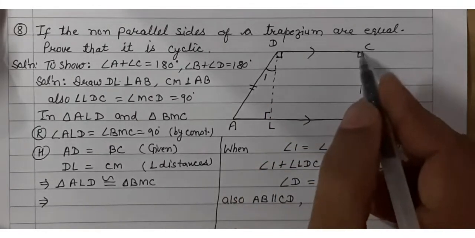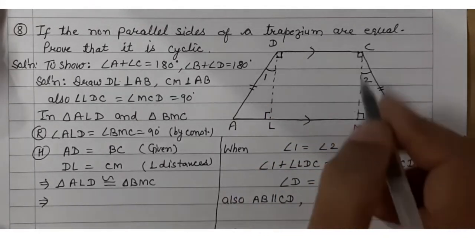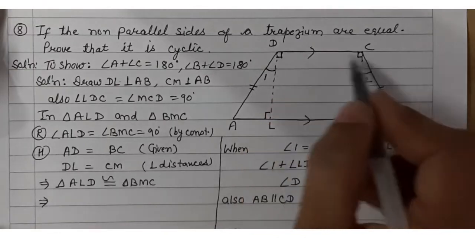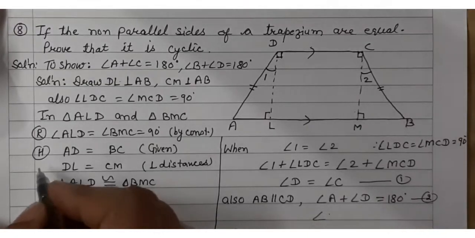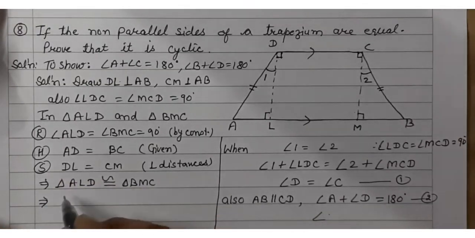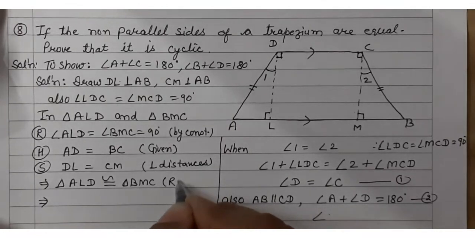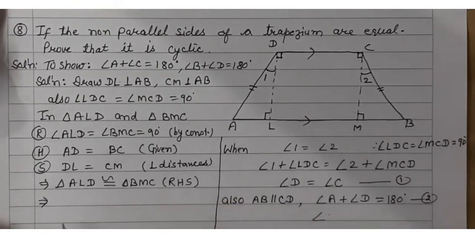And DL is always equal to CM because these two are parallel lines and these are the perpendiculars. When perpendiculars are drawn between parallel lines, then length should be equal. So both triangles are congruent to each other by RHS.